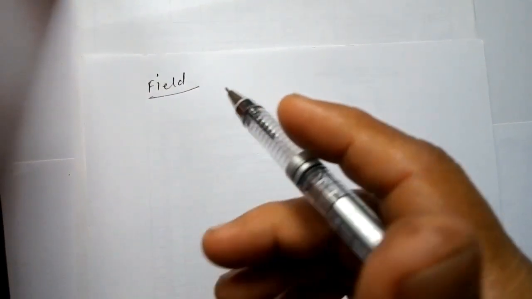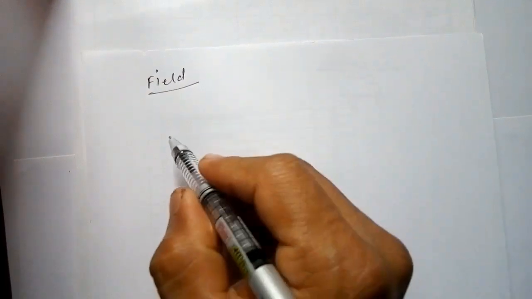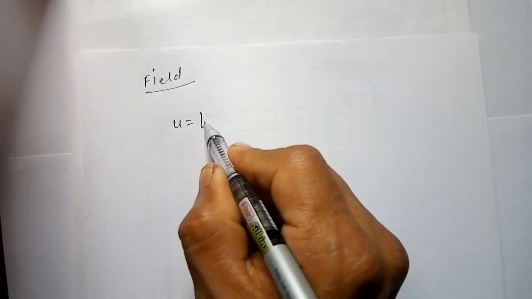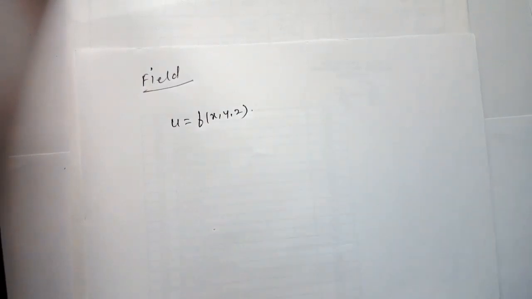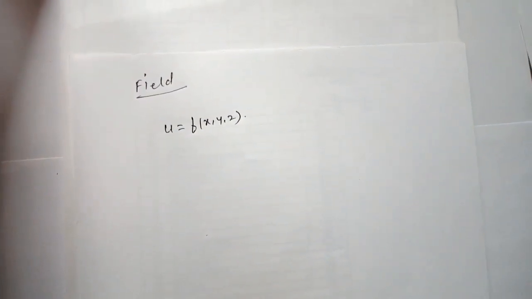A field is a region in space in which a function u is defined at all points. Thus in Cartesian coordinates we write u is equal to f of x, y, z, which specifies its field.